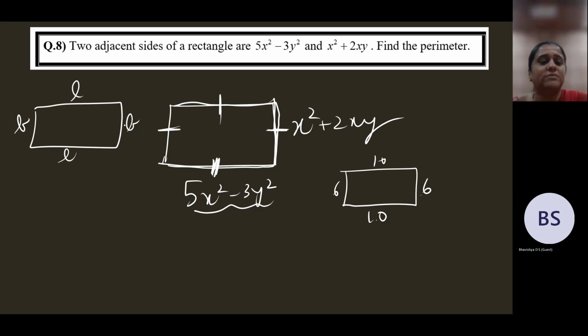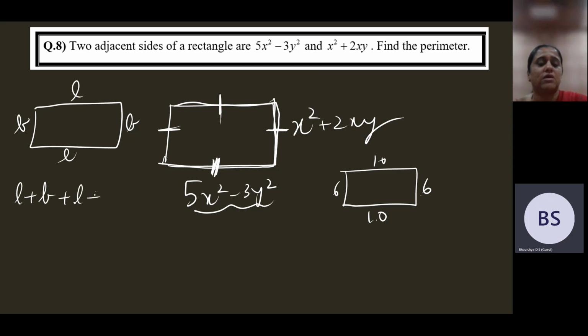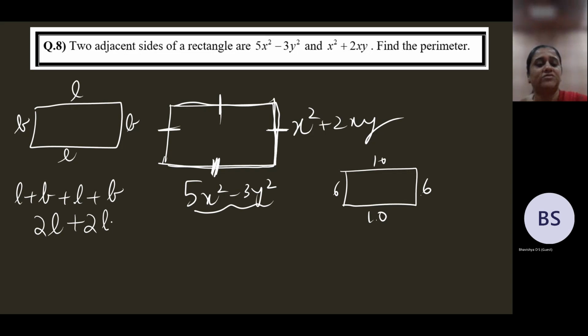So here, in terms of L and B, what will you add? L plus B, plus L plus B, mom. Now, L plus L is what? 2L, mom. And B plus B is? 2B, mom. Now, what is common? 2, mom. So in the bracket, what will you get?